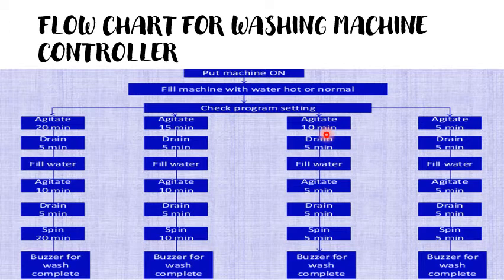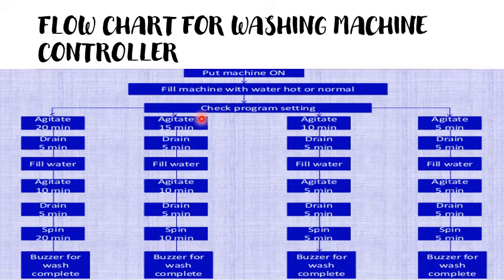The washing machine controller software consists of a main program and subprograms for the following operations. Fill operation: fill the machine with water.